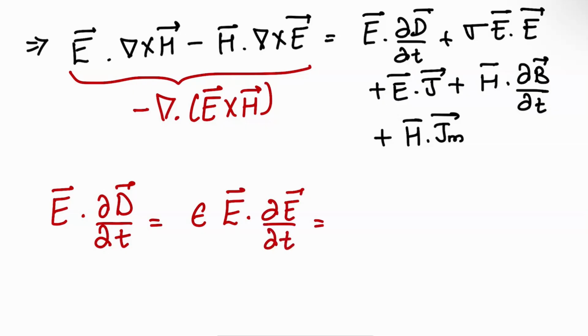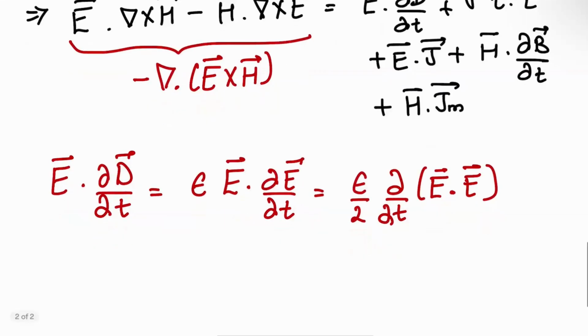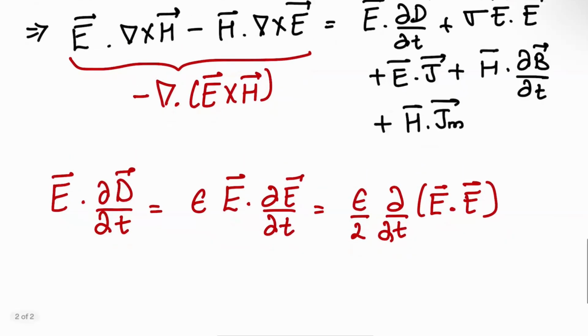And that is nothing but epsilon over 2 times d dt of E dot E. Because you can use the product rule, and then you will get two terms that are the same as this, so you need the 1/2 because of that. So hopefully that's clear.